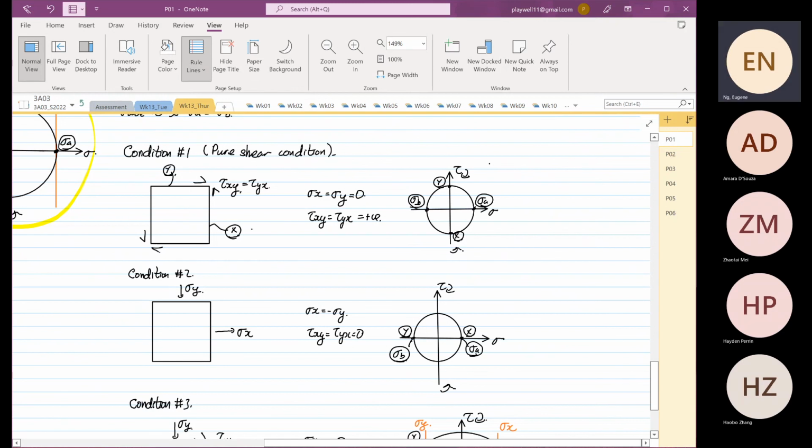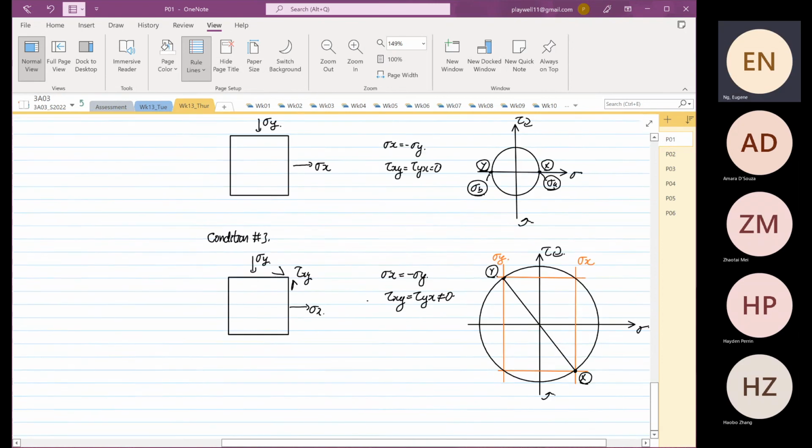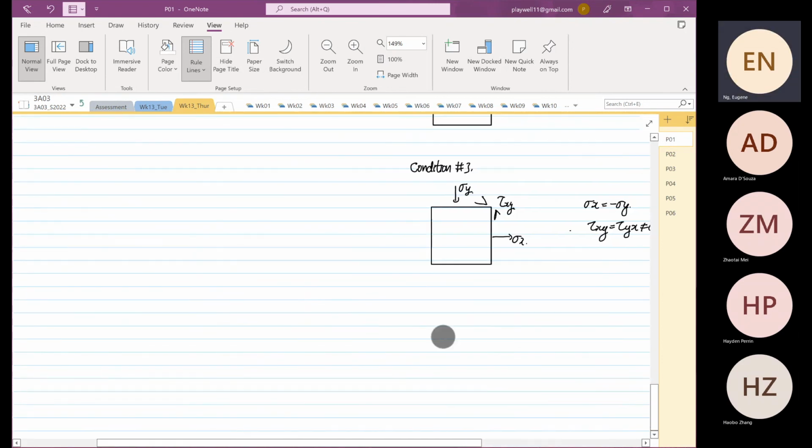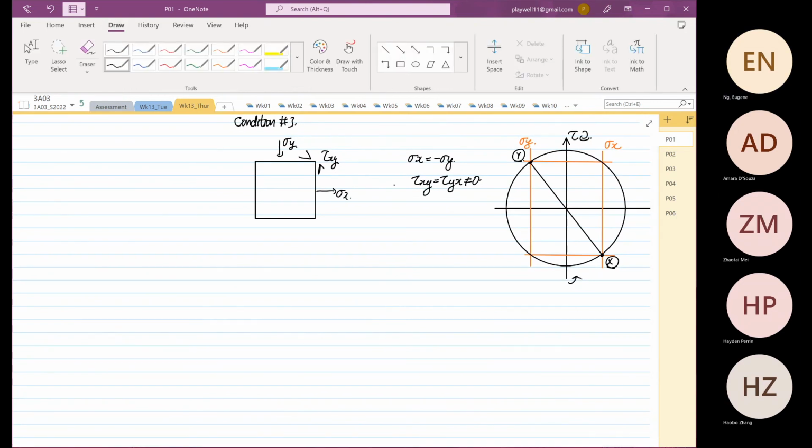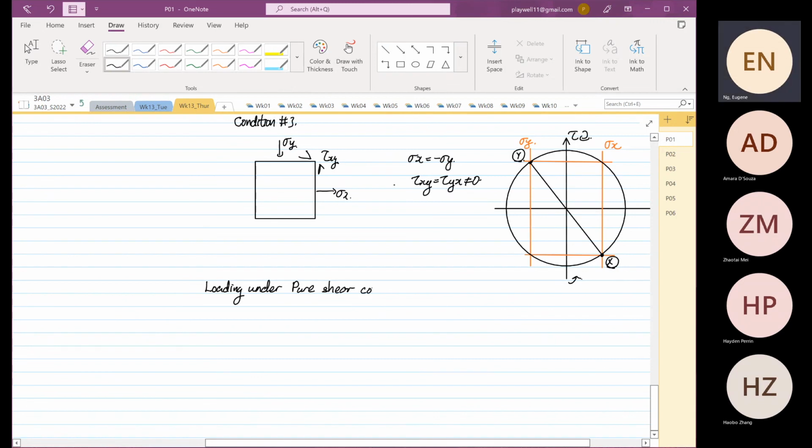If we were to look at loading under pure shear condition, which is our condition number 1, pure shear is when we have a shaft over here, and this is how the load is applied in torsion. So torque in X also, in torsion.